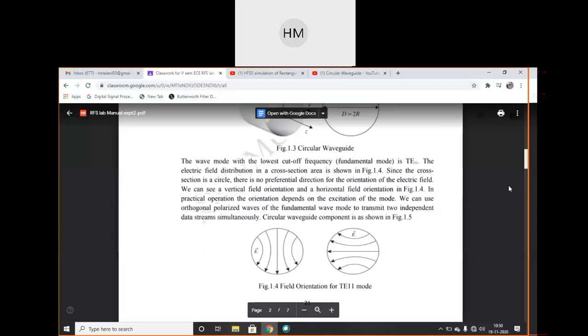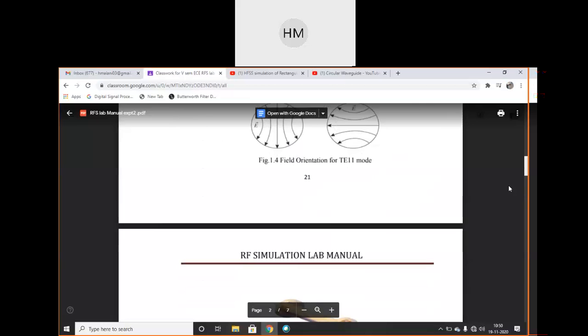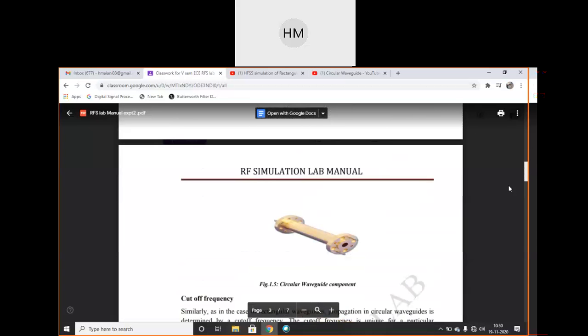We can see a vertical field orientation and a horizontal field orientation for TE11 mode. Clear? This is a circular waveguide component. You can see it.